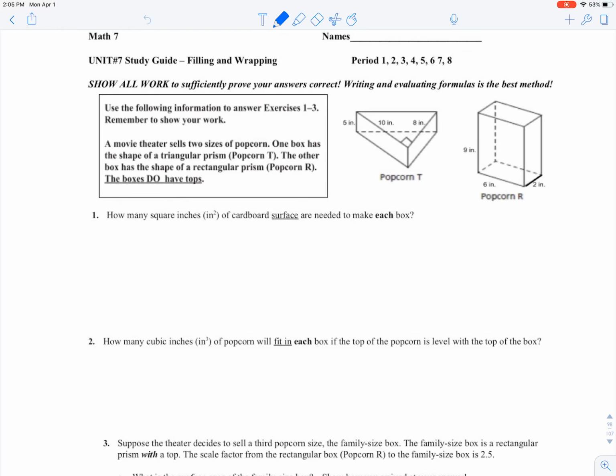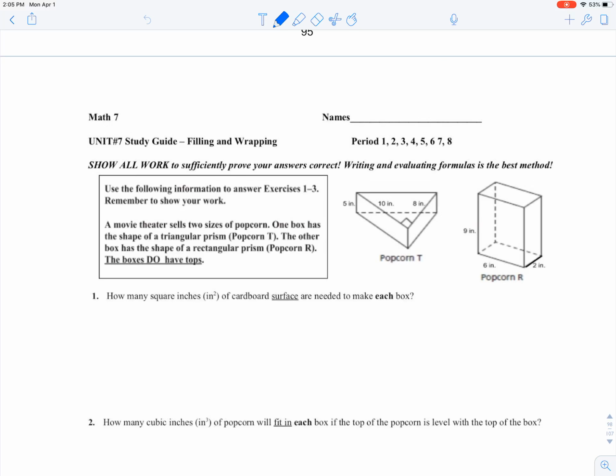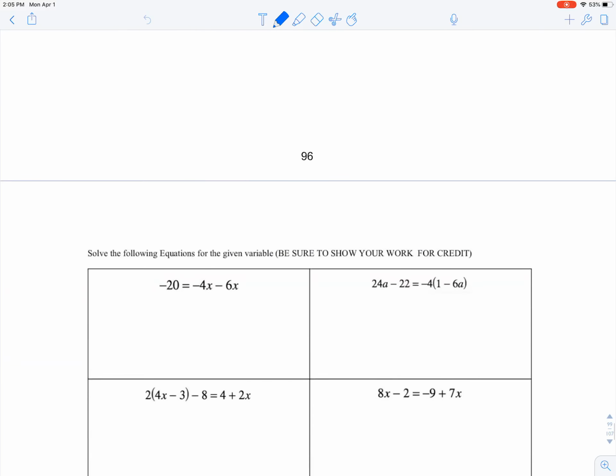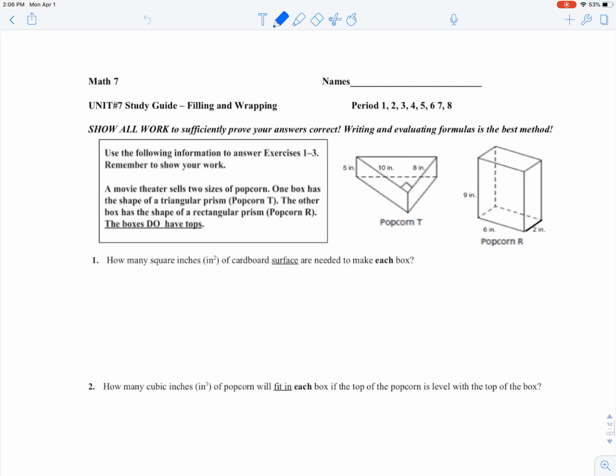What I will be checking is pages 84 and 89, those were assigned as homework. The study guide is solely for studying purposes. Your test is going to look pretty similar to this study guide, and with that, let's dive straight into it.